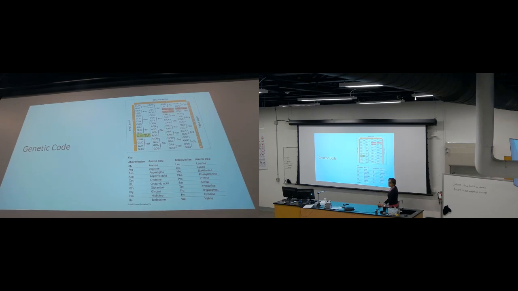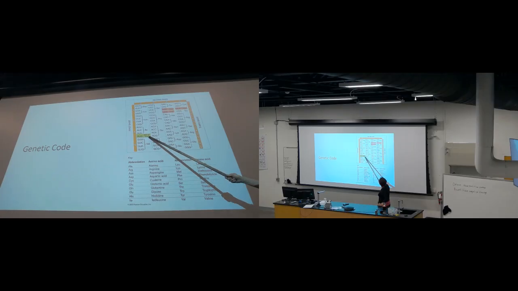So this code is what they call degenerate, but this helps us to have some sort of flexibility when it comes to the third base, which is called the wobble base, because with changes in this third base, you can have different types of amino acids. For instance, here you have AUU, which is serine, but if you have AGA, that's arginine.